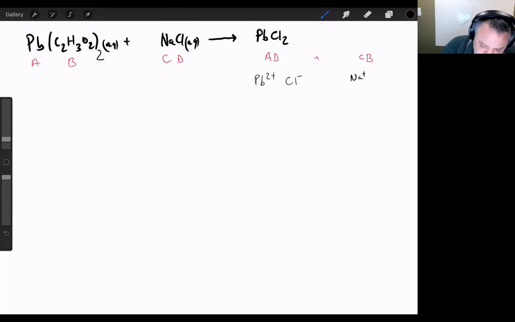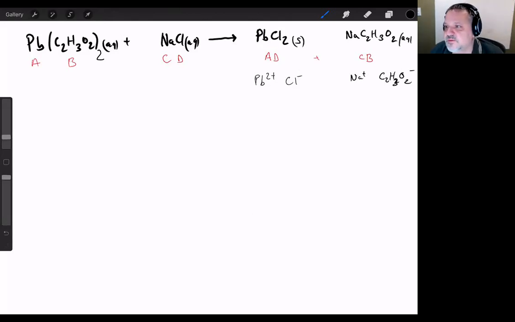What is B? B is acetate, C2H3O2 minus. So what's the formula for that one? NaC2H3O2. And it will be aqueous based on solubility rules. This one will be solid based on solubility rules.